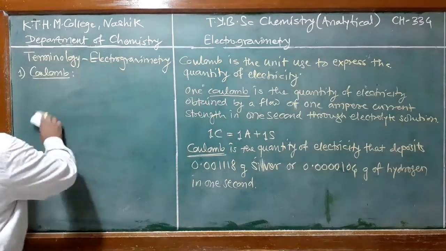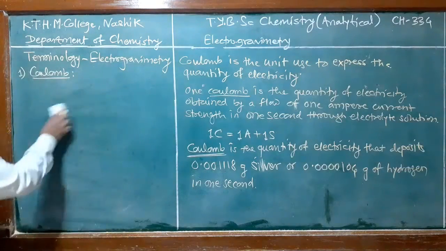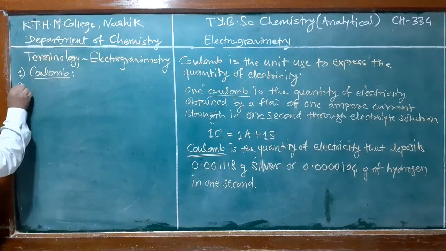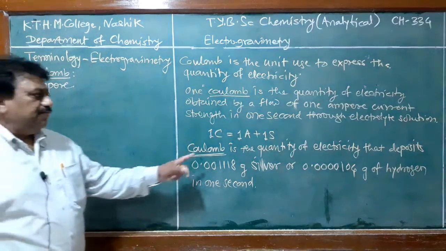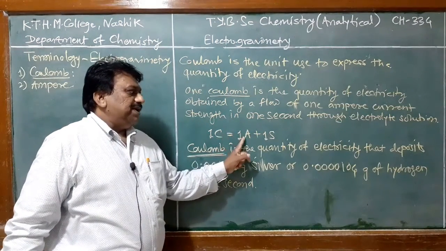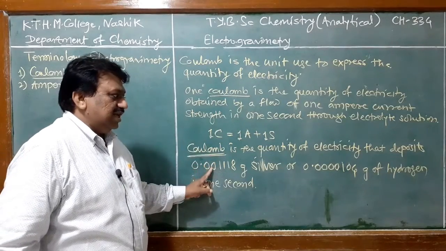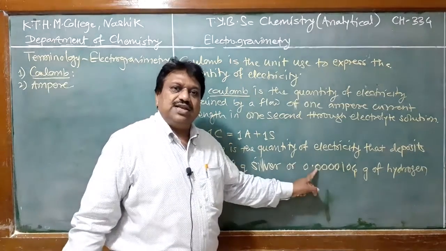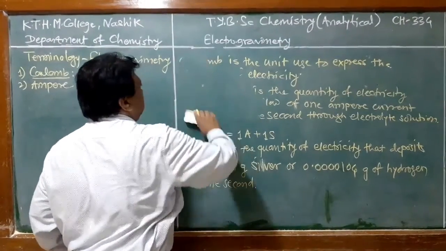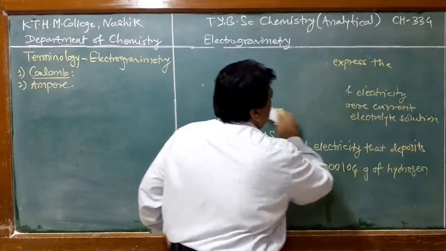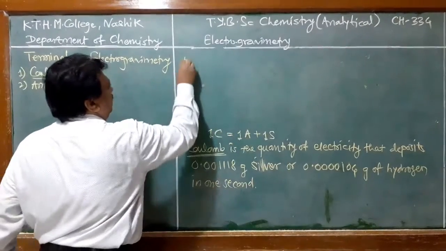Now here we also discuss Faraday, but before that we discuss what is ampere. You know that for a coulomb, a 1 ampere current passing for 1 second will deposit this much gram of silver and this much gram of hydrogen. Based on this, we can define the ampere.